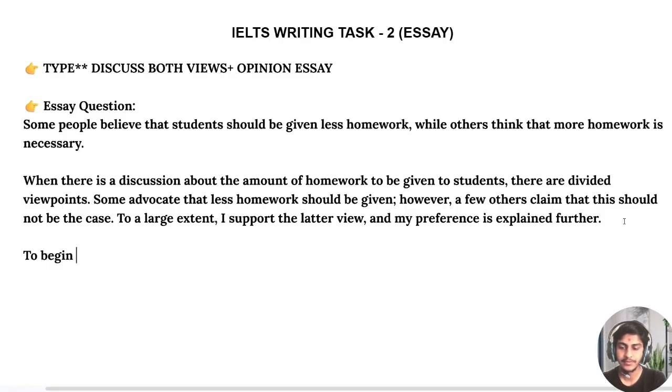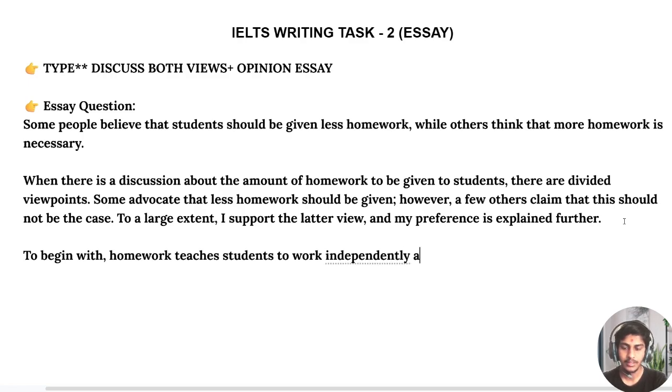To begin with, homework teaches students to work independently and develop self-discipline.